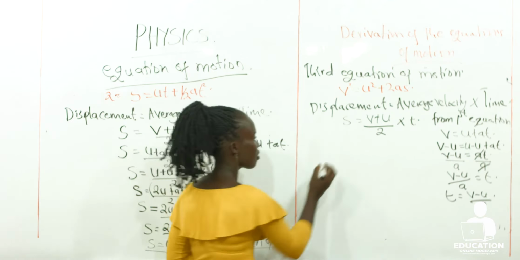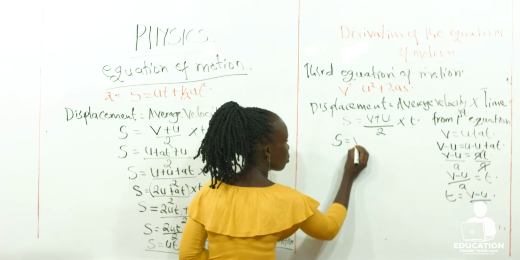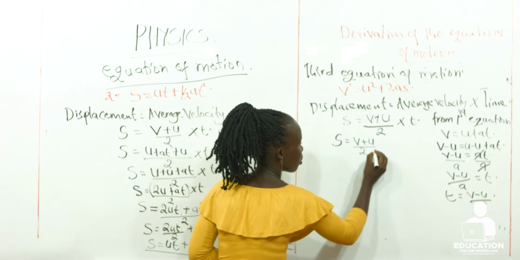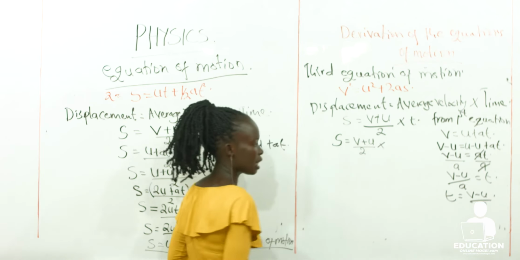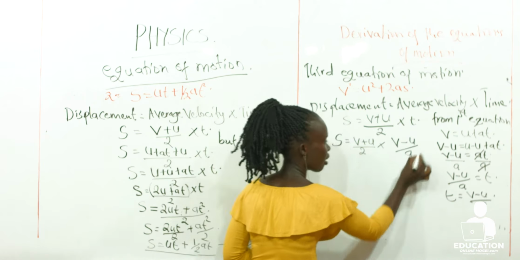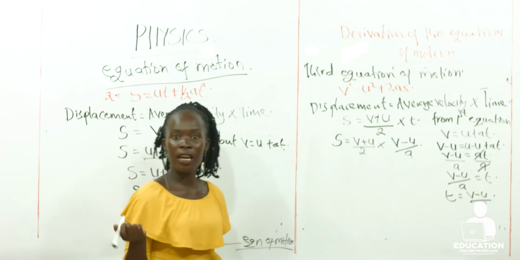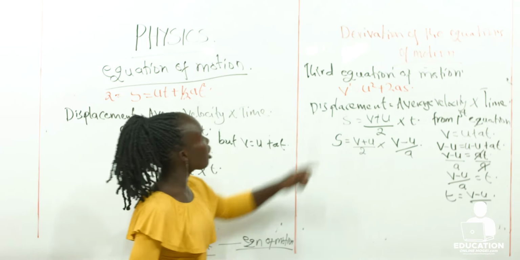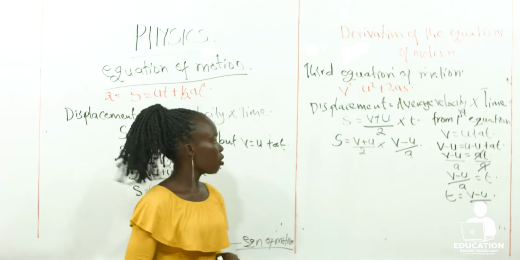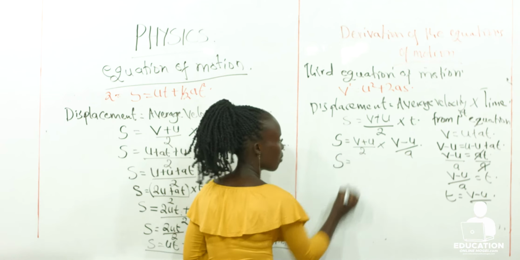So we have s, which is equal to v plus u over 2 times, instead of having this t, we write v minus u over a. We are eliminating our t. If you look at this, we have already eliminated the t, because we did not want the t in our equation. Now the rest is mathematics.